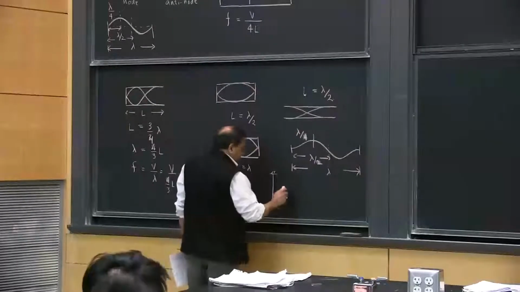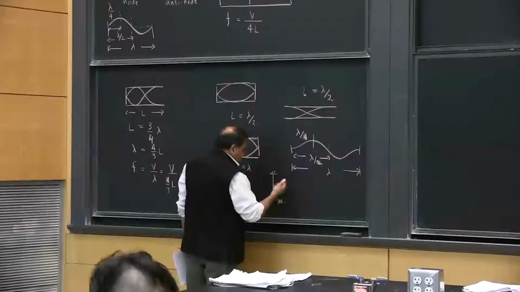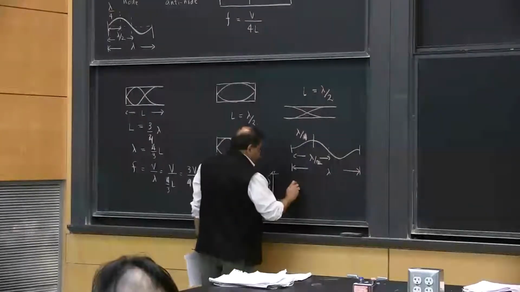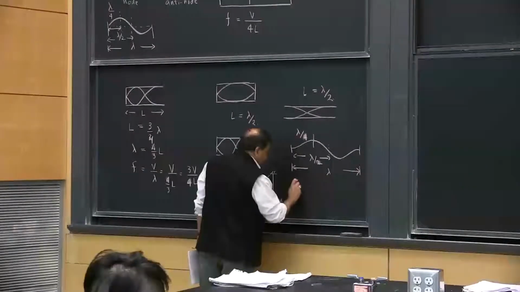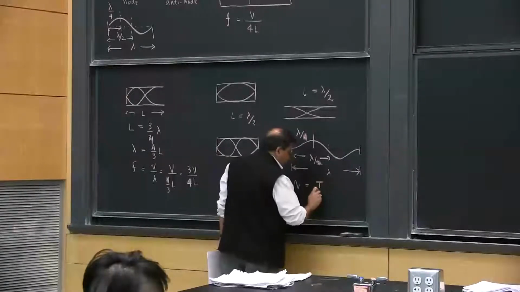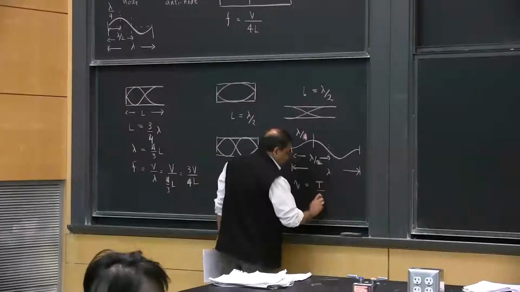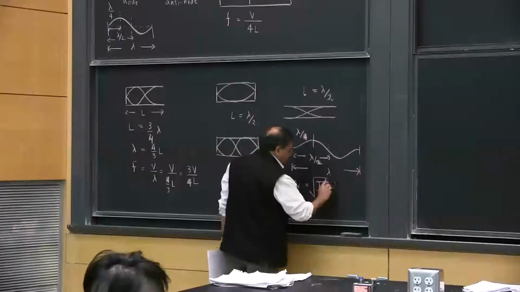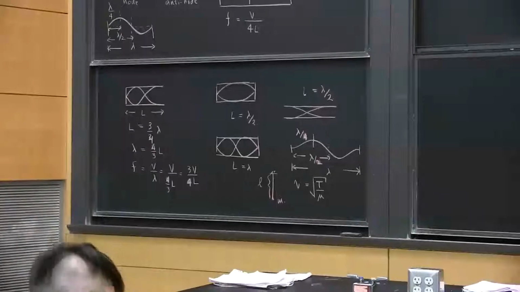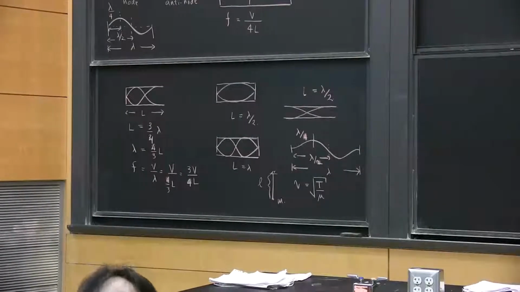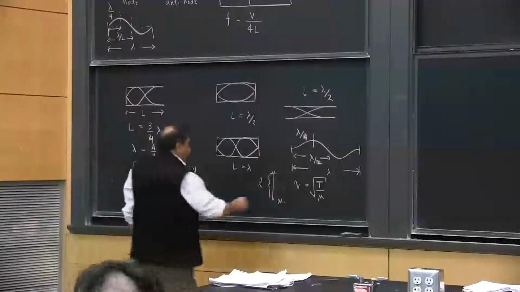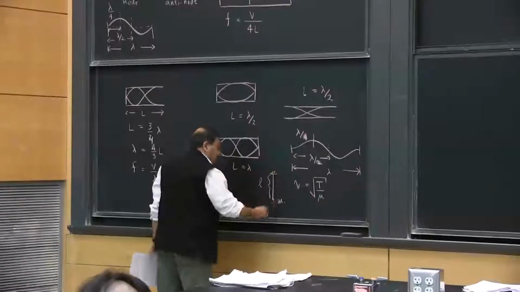Then, let's say the length of the string is L, the speed of sound in this is the square root of the tension in the string divided by the mass per unit length. This is a formula I gave without derivation last time, and I'm repeating it because it's often very useful in looking at how quickly sound propagates from this point to that point.